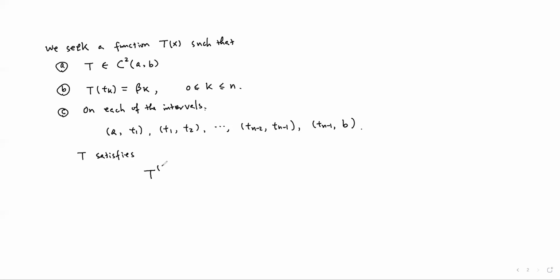T take derivative 4 times minus tau, some number, tau square T second derivative is equal to 0. Okay. So over each interval, T may not be a polynomial this time. Okay, T satisfies this equation.